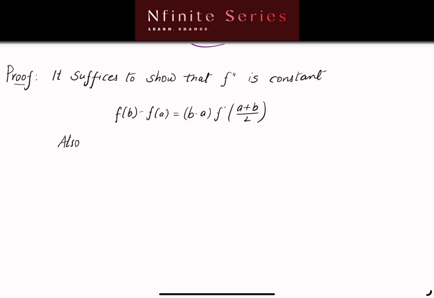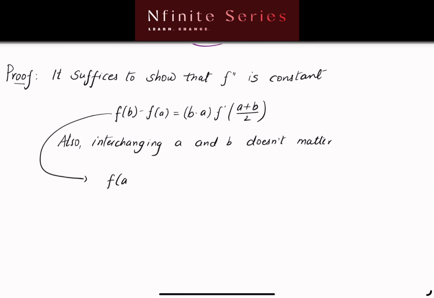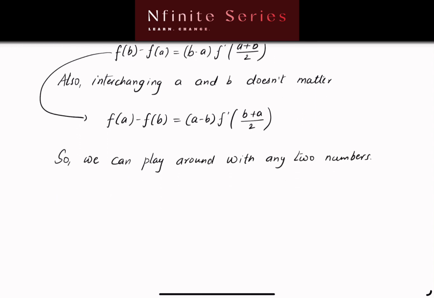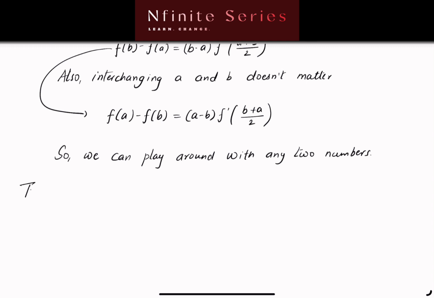Now one thing to notice here is that interchanging a and b in the above condition doesn't really matter. You can interchange the positions of a and b and it doesn't really matter because if you multiply both sides by -1, what you get is a and b flipped and both the conditions are exactly the same. So it says that we can actually play around with any two numbers and we wouldn't have to worry about their orders.